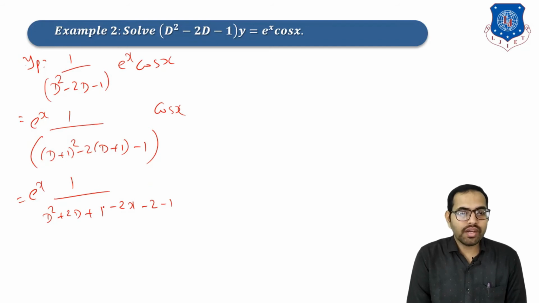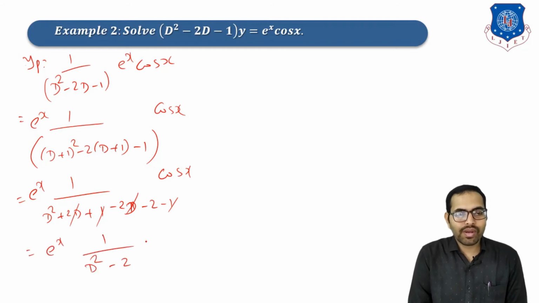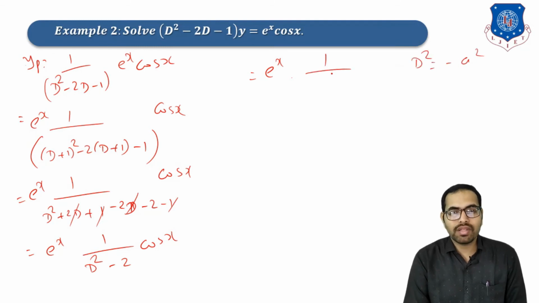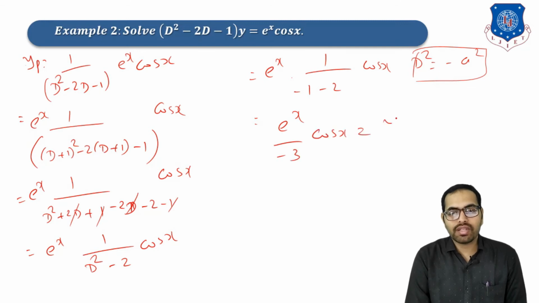Here 1 and 1 will be cancelled out, 2D will be cancelled out, so our term becomes e raised to x times 1 upon (D squared minus 2) cos x. Then according to case 2, replace D squared equal to minus a squared, so minus 1 minus 2 into cos x, then e raised to x by minus 3 cos x; that is the value of yp of x.